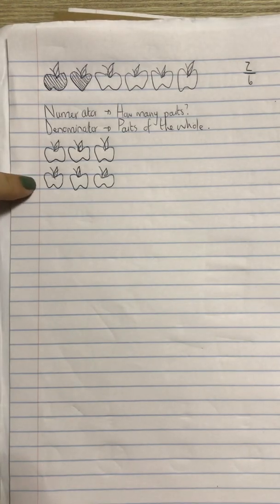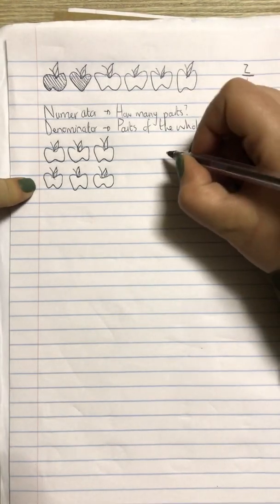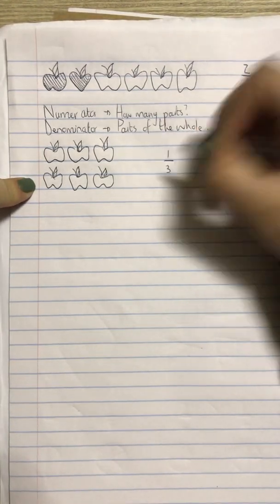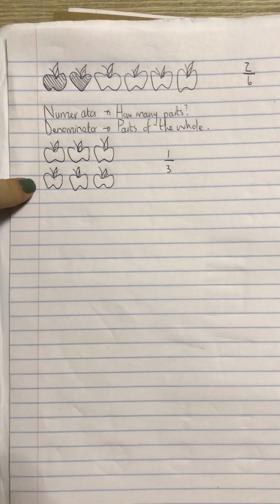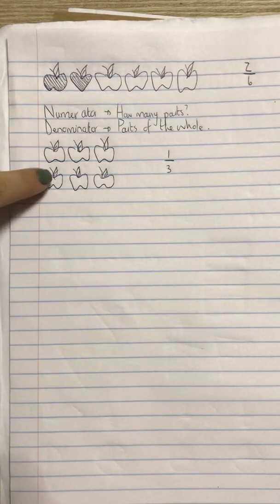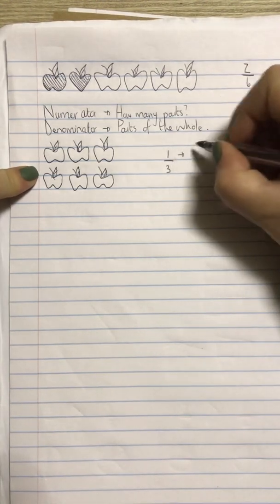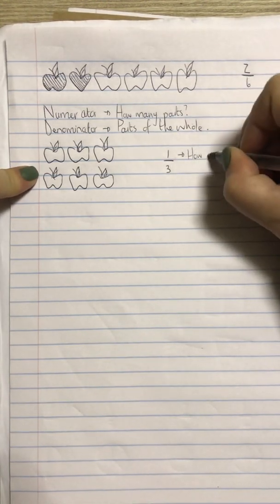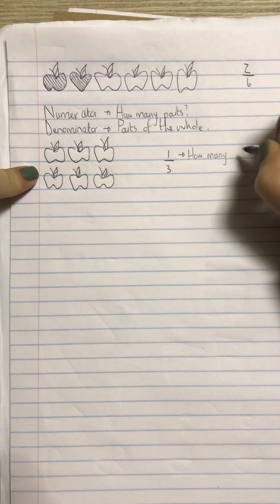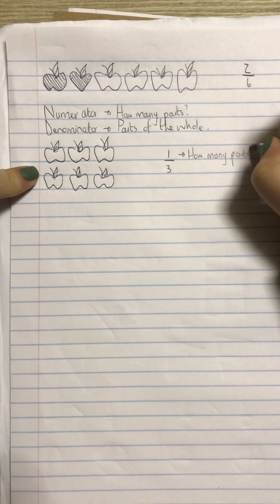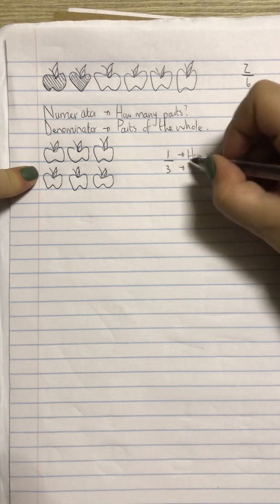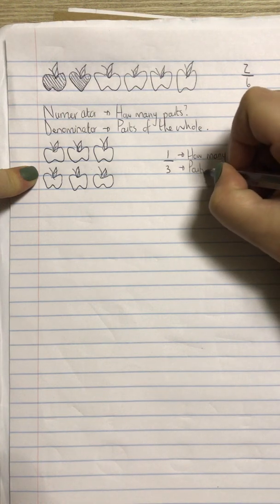Let's say I once again give you 6 apples, but this time I ask you to color a third. Now, take a look at this picture. Our numerator tells us how many parts, and our denominator asks how many parts of the whole.